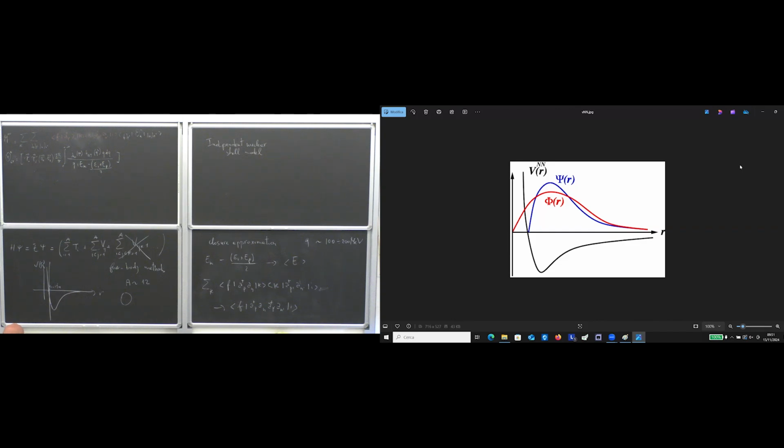Okay? So one of the most famous applications of this concept to the two-body potential: maybe you have heard about the so-called Brueckner reaction matrix, the so-called G matrix.